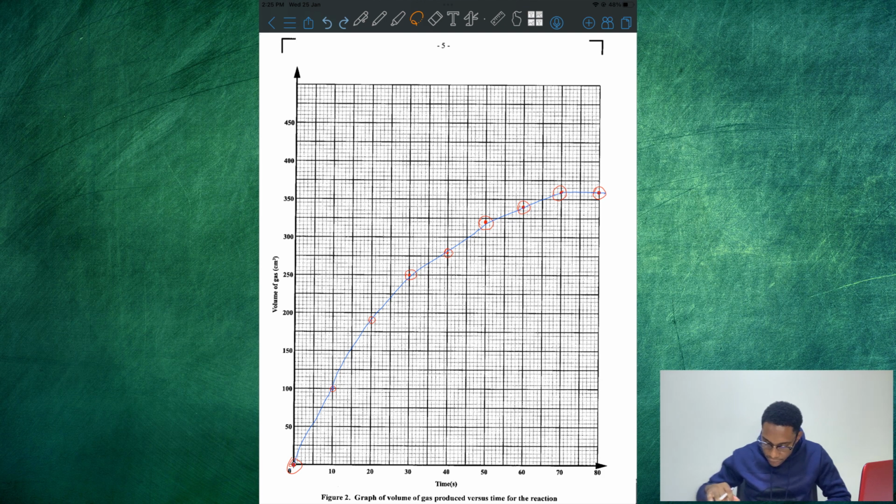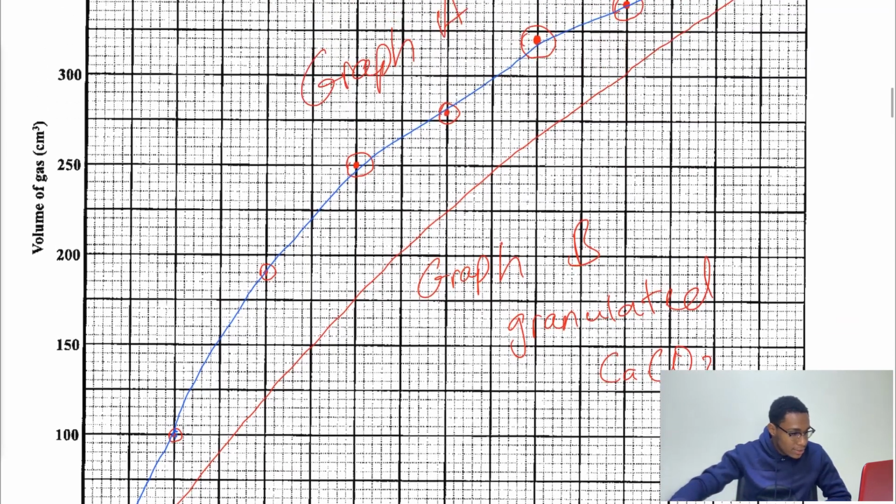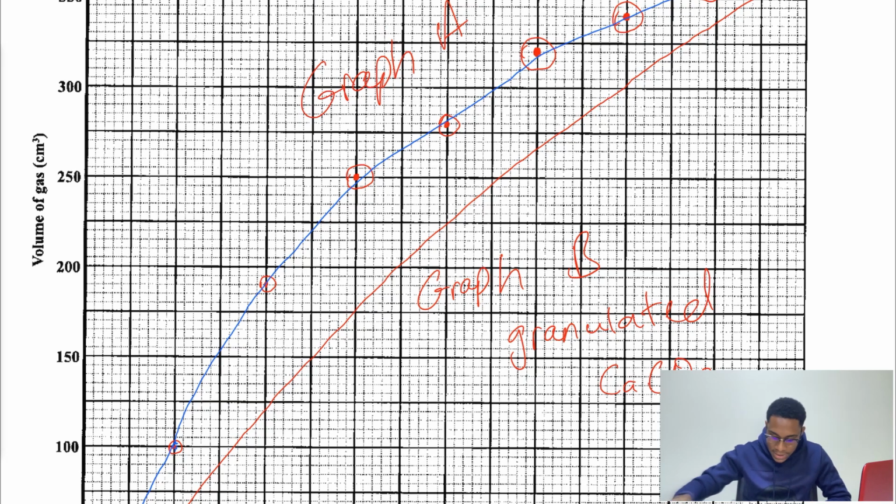This is our graph. They have already labeled the axes for us to save us the time from trying to figure out a scale. So here we have graph A, and we can see the shape of the graph. I was able to plot this before starting the video. All right, and you can see we have another line called graph B. So that's for us to look at a little bit later.